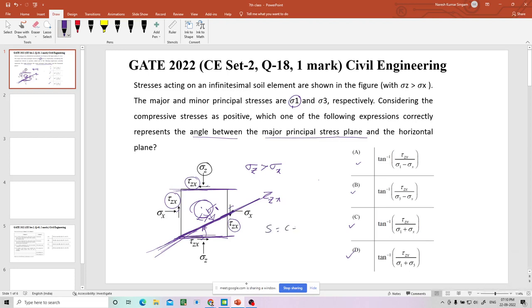S equals C plus sigma tan phi. Okay, I am asking what is the shear stress on this plane. See, what are principal planes?